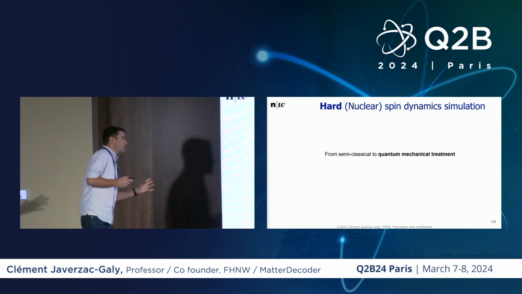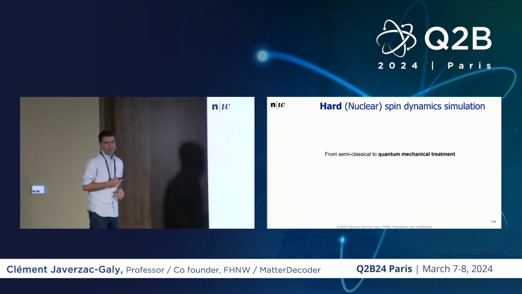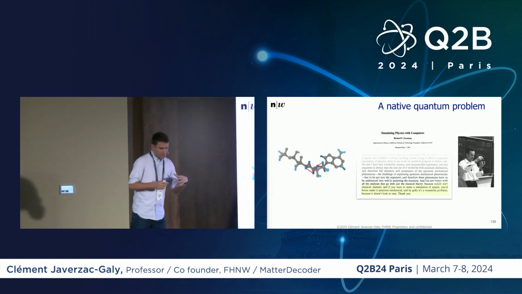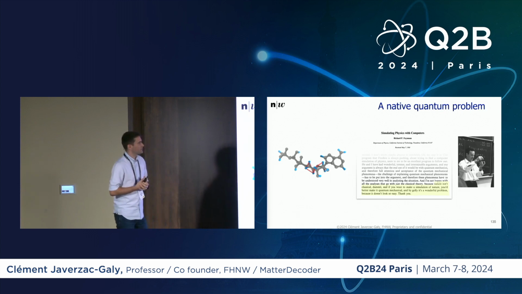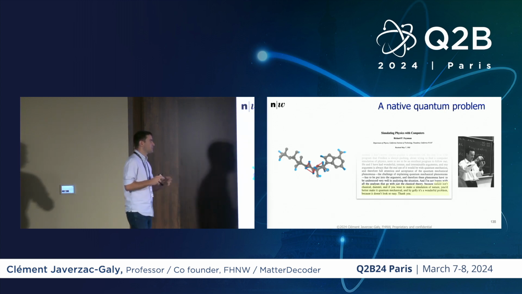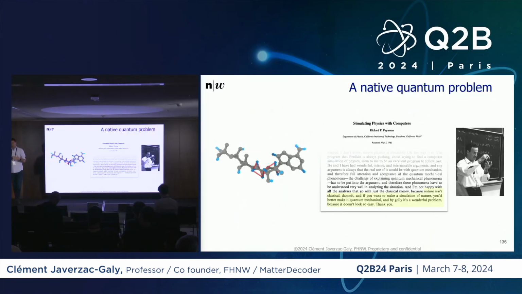So now, let's go from this semi-classical treatment to full quantum mechanical treatment. In fact, this spin simulation is a perfect quantum native problem, and it goes back to the original idea of quantum computing of Richard Feynman, that these molecules are actually described fully quantum mechanically.